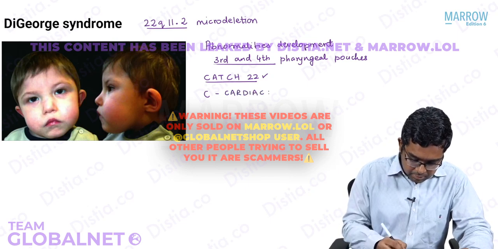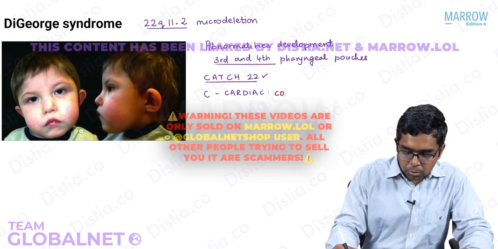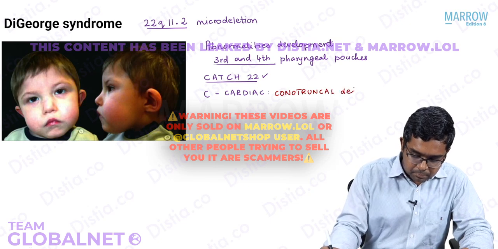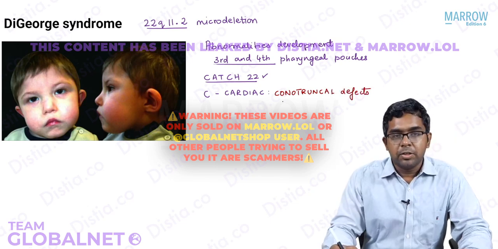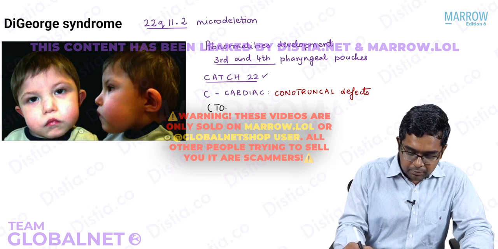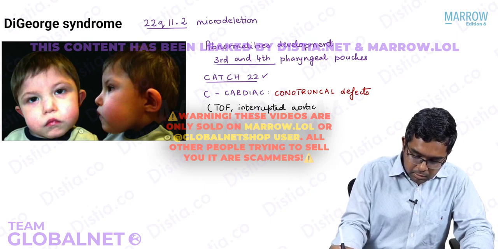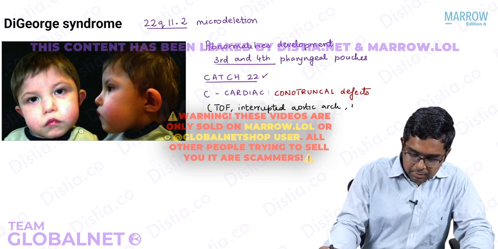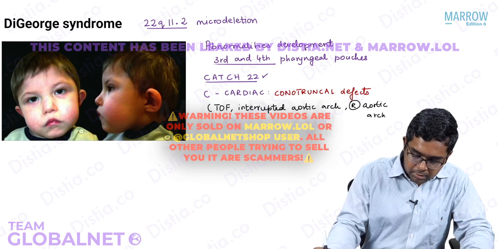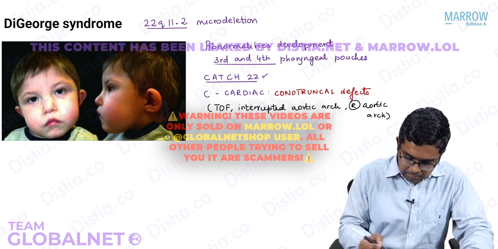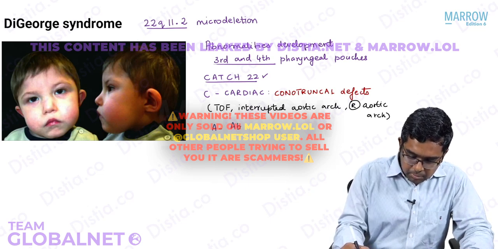And these cardiac defects are remembered as conotruncal defects, which include conditions like TOF, that is tetralogy of Fallot, interrupted aortic arch, as well as right-sided aortic arch. All these are included under the category of conotruncal defects. Next one is the A. A here stands for abnormal facies.